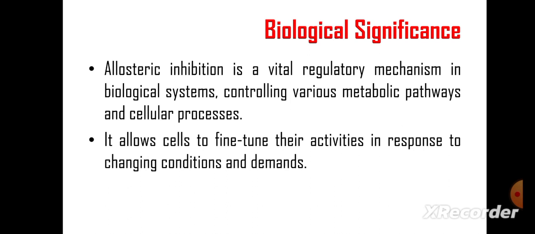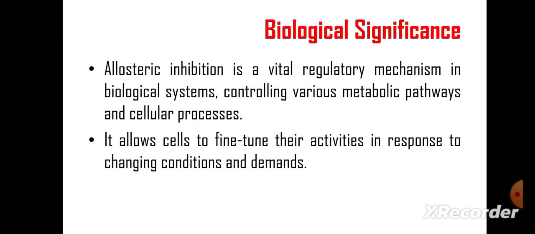So what is the biological significance of this reaction? This is very important. As we discussed, allosteric inhibition has an impact on both biology as well as biochemistry. It regulates the activity of the enzymes involved in major metabolic processes.